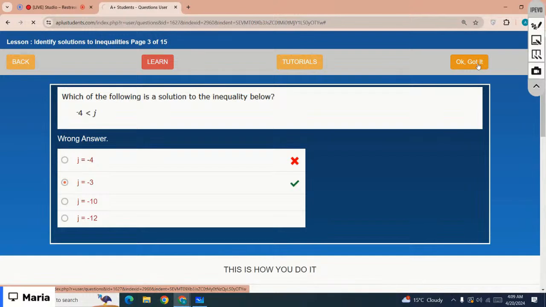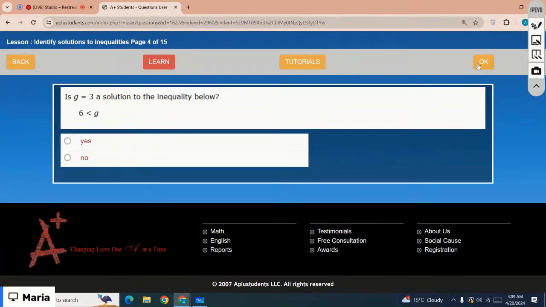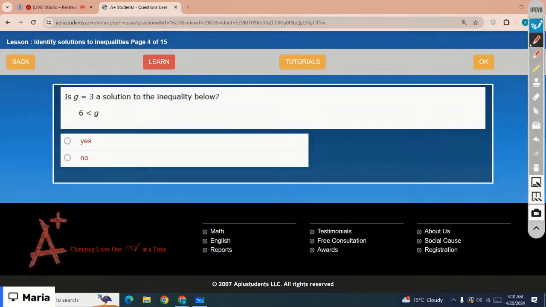Okay, got it. Is g equals 3 a solution to the inequality below? Okay, replace g with the value, right? 6 is less than 3. Is it true or false?